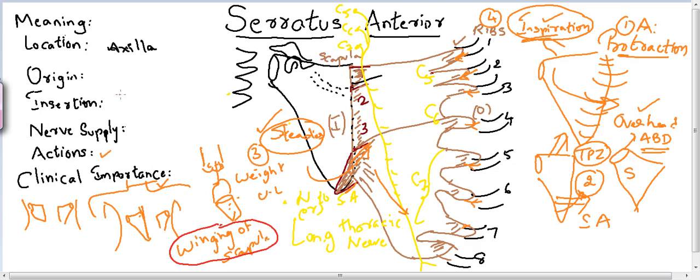To summarize in a simplest possible way, the serratus anterior is called so because it is present on the anterior plane, axilla. It appears like a sawtooth, therefore it's called like that. Location, it's there in the axilla, on the outer surface of the ribs.